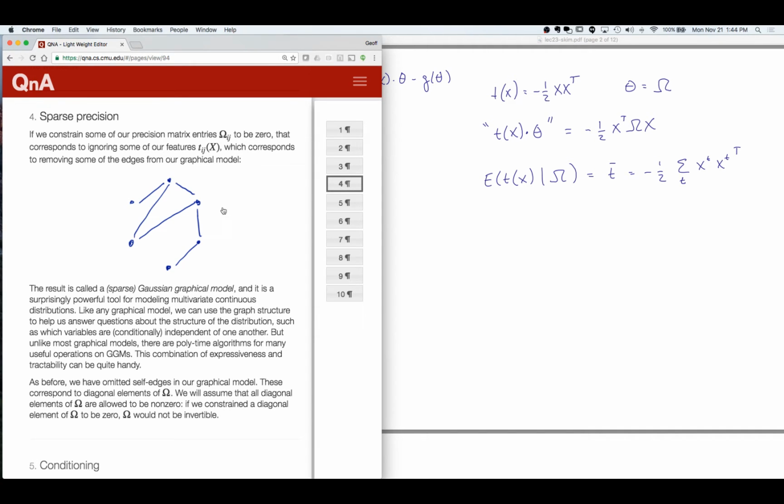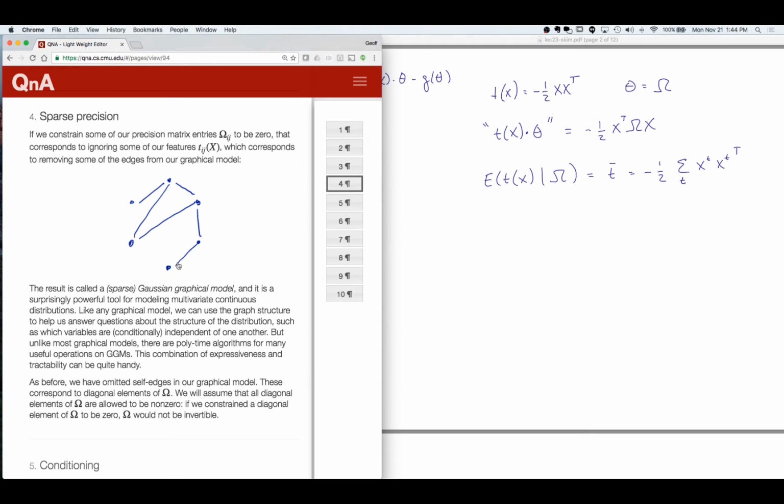All right, so going back to just plain Gaussians, we have a sparse Gaussian graphical model. And the reason it's powerful is sort of twofold. One is that by controlling this graph structure, we can control which variables are dependent or independent or conditionally independent of one another.